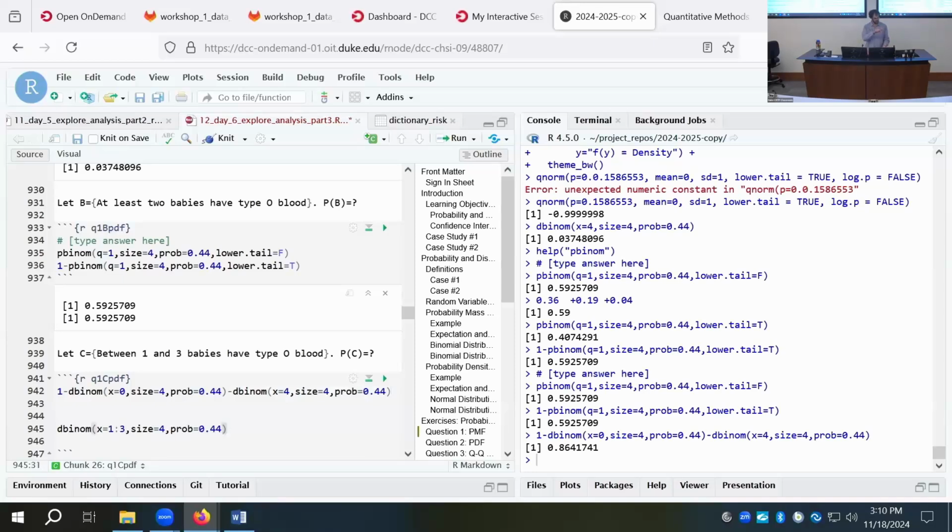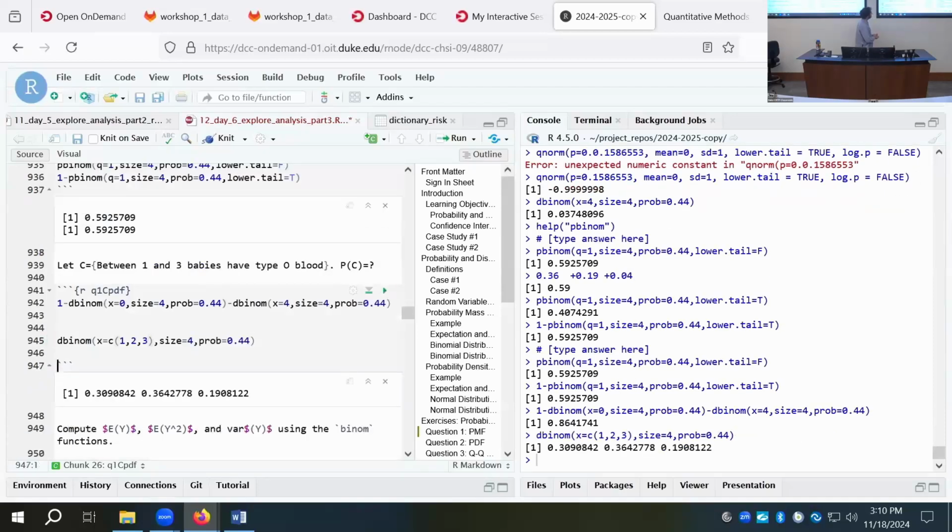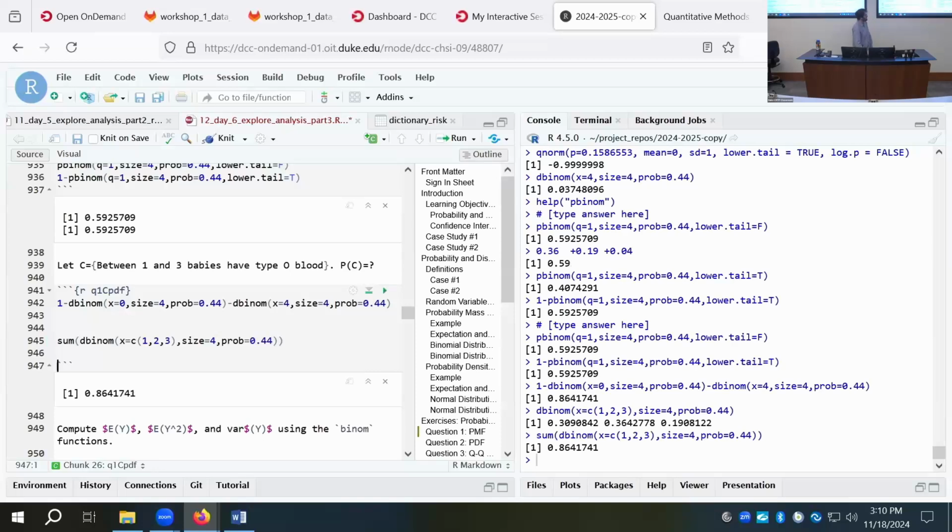By doing 1 colon 3, that's basically automatically making 1, 2, and 3, if you remember. It's going to give me the 3 values. And I could just do sum of that, right? And it'll give me 0.864. So the same value.